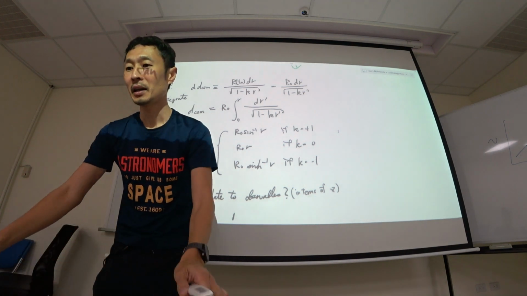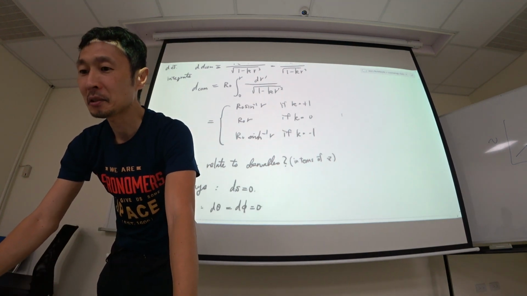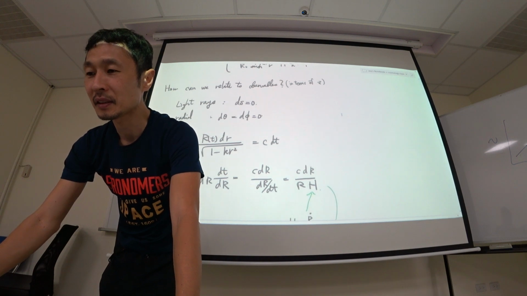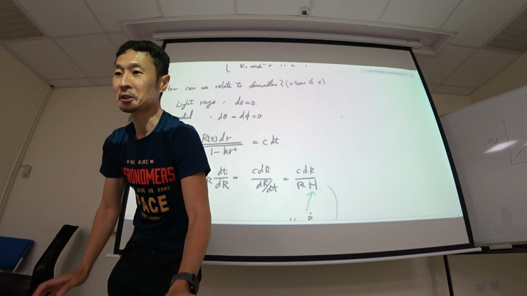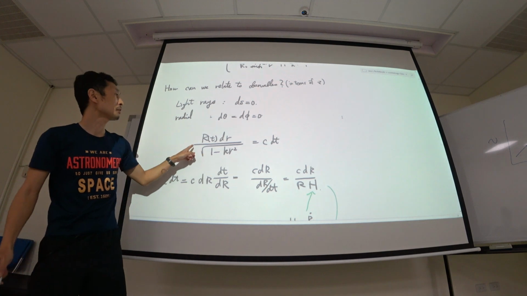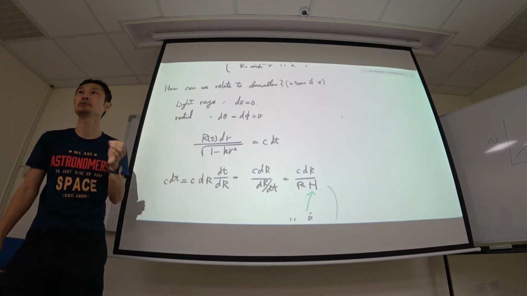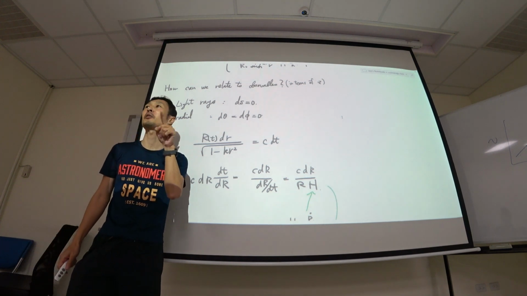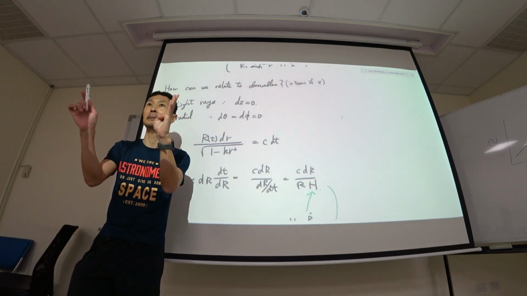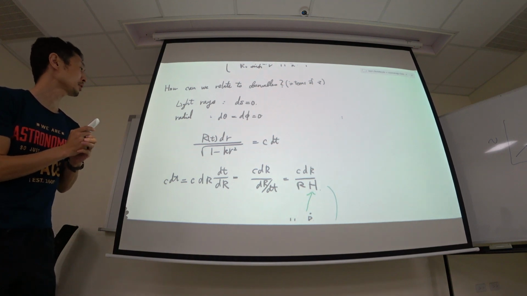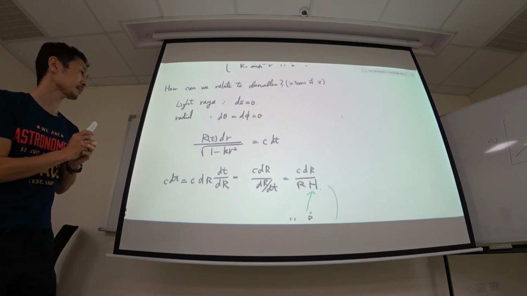Right. And then how do we relate to the redshift? This scale factor is something you cannot observe, so we want to relate to redshift. Redshift you can observe from the emission line, right? So we want to write it down in terms of the redshift.